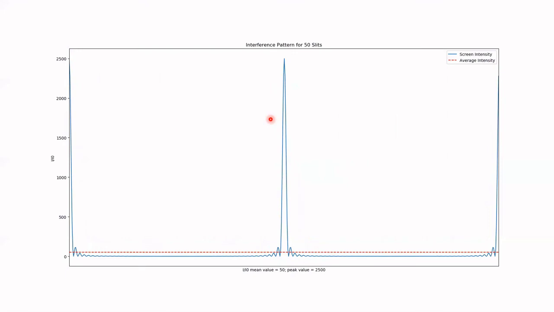Here's an exaggerated example with 50 slits. Again, 50 slits would mean a total field amplitude 50 times as great as the field from each slit individually, but intensity is proportional to the square of the total field amplitude. 50 squared is 2,500. So the intensity of the light within each bright fringe would now be 2,500 times as great as the intensity from a single slit alone.